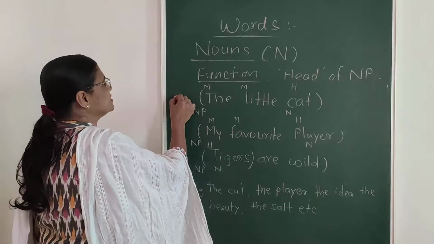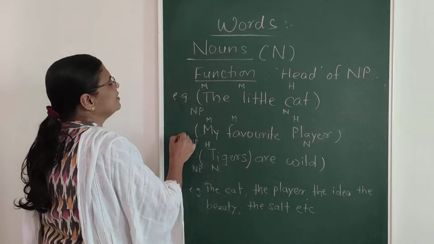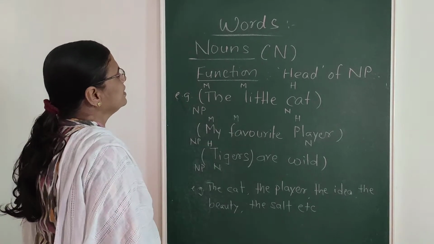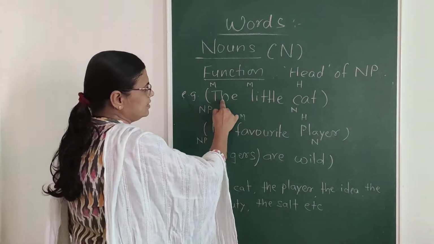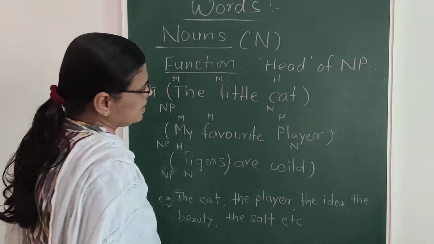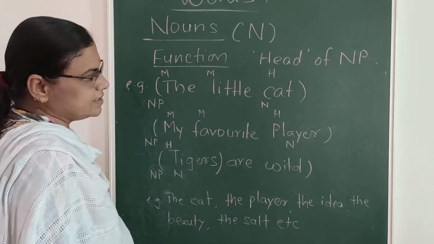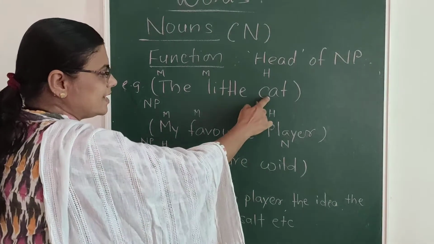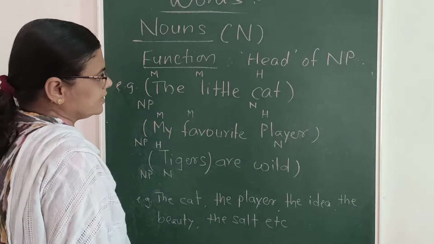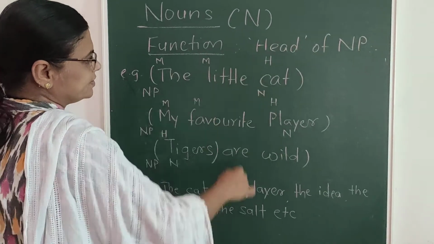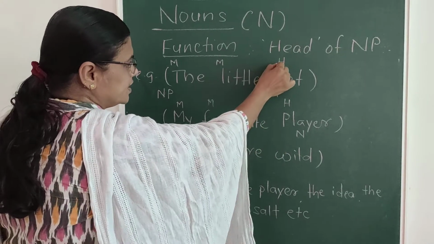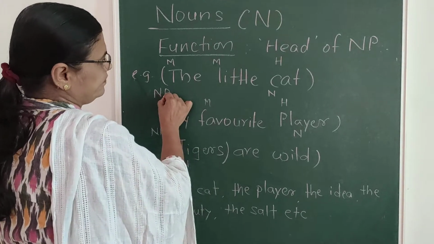Here we shall see an example: the little cat. Now see, in these three words, you might have identified that cat is a noun, and we are thinking about this cat, which is the head word in this NP.